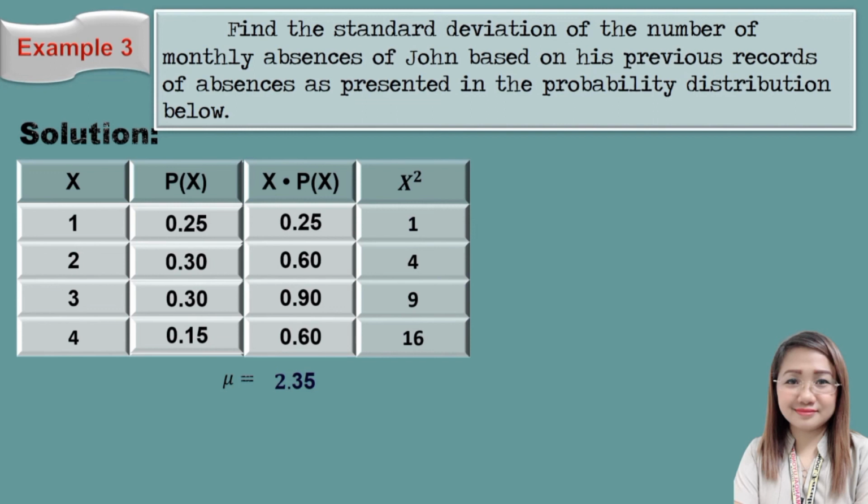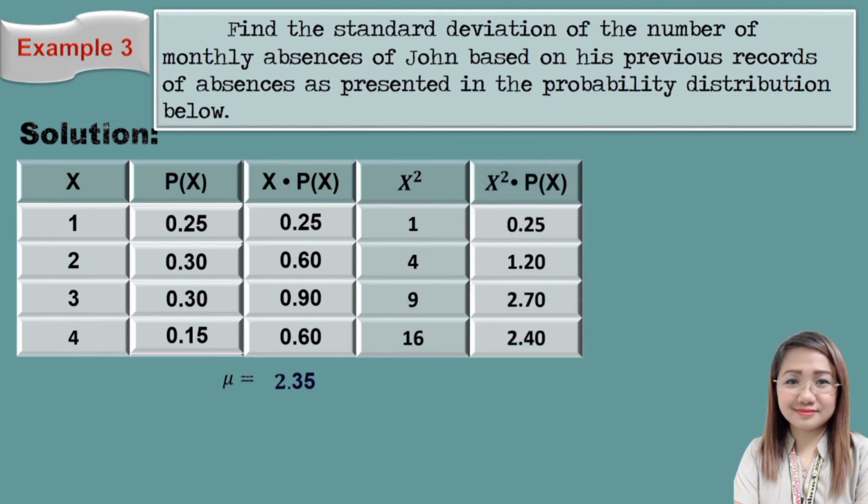So 1 times 0.25 is 0.25. 4 times 0.30 is 1.20. 9 times 0.30 is 2.70. And 16 times 0.15 is 2.40. After getting their product, we need to get their summation. And the summation is 6.55.